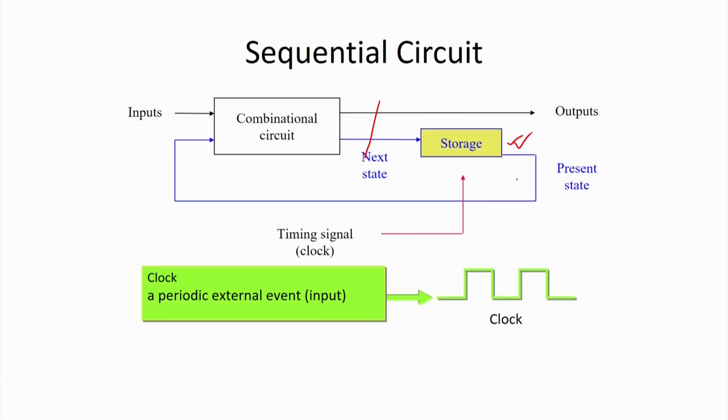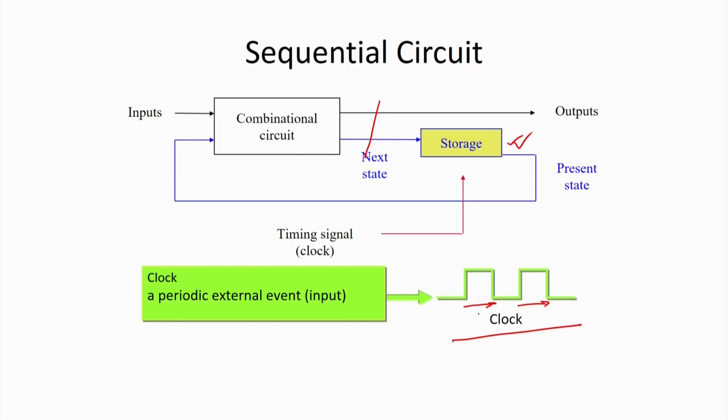Now, when we are talking about current output and previous output, that means it is related to time. This time will be maintained by a timing signal, which we call the clock signal. Whenever the clock is coming, at that particular point this circuit is going to perform its operation. We have the input signal and the previous output.